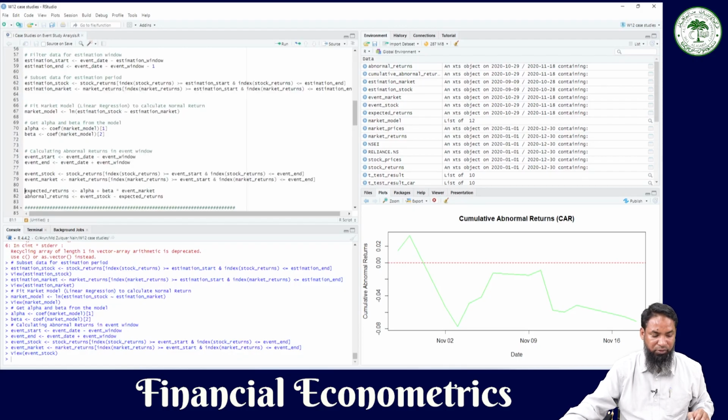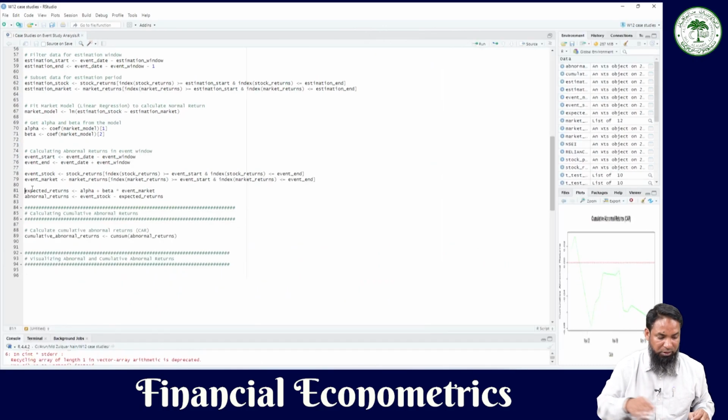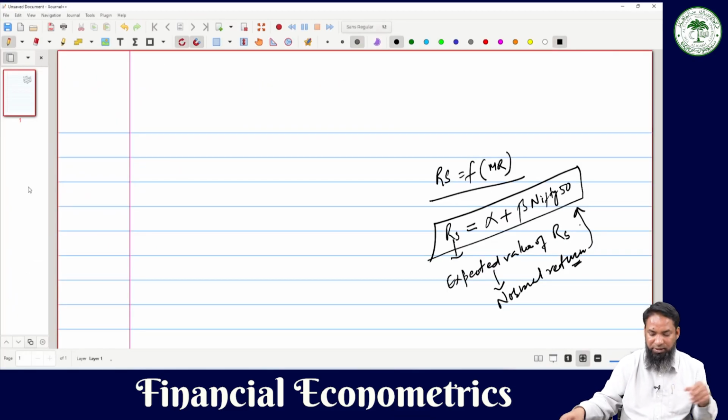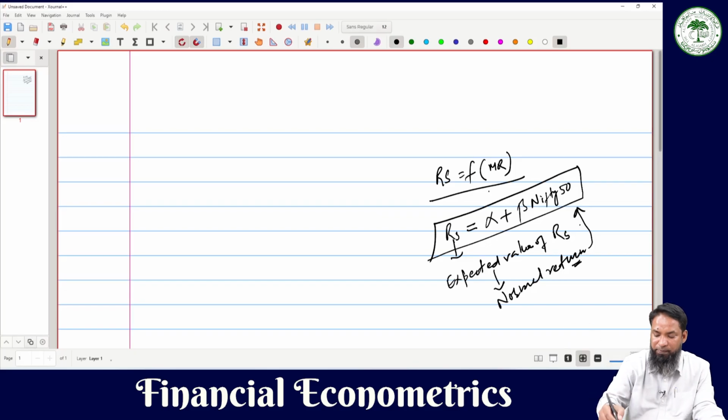Once we calculate the event stock, we are now calculating the expected return. How do we calculate the expected return? To calculate the expected return, we have used the market model. Once we run that, we get the estimated value of alpha and the estimated value of beta.